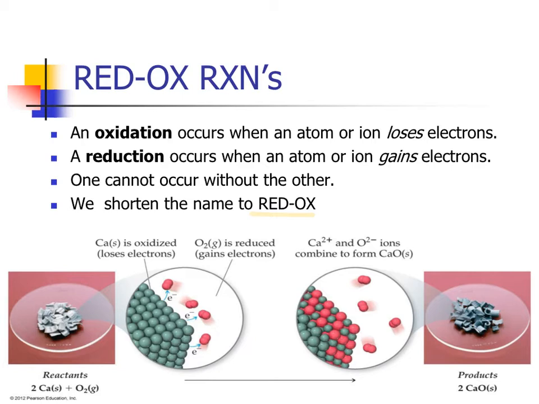Redox reactions is sometimes what we call them. But when we look at redox reactions or oxidation reduction reactions, we'll use either one. And with that, where does this actually happen?